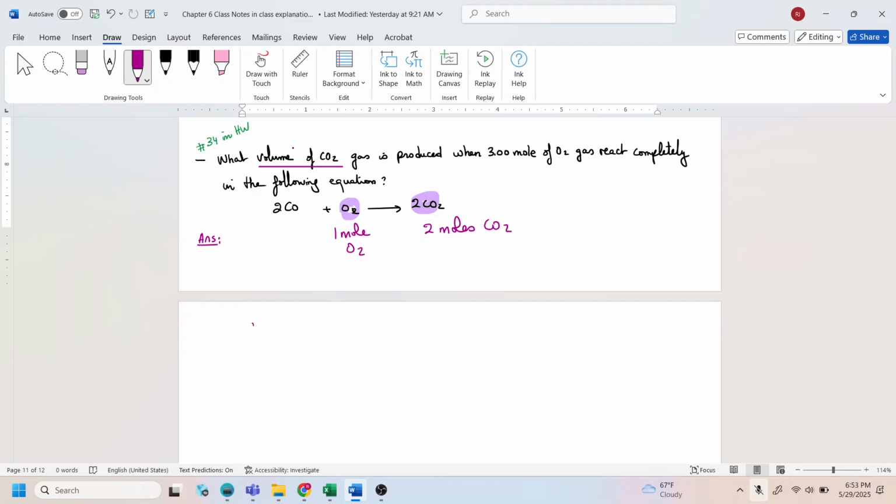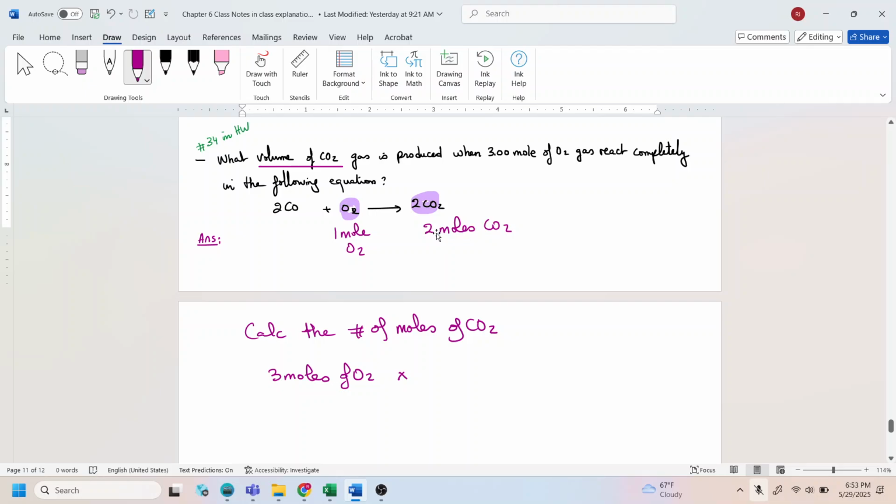So first we're going to calculate the number of moles of carbon dioxide. We are given 3.00 moles of oxygen. So I'm going to relate this to the moles of carbon dioxide. I want to find the moles of carbon dioxide, so I would do this relationship.